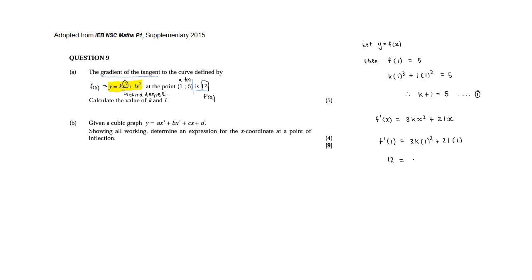So 12 is equal to 3k times 1 plus 2l. And now you've set up a second equation for yourself. So now you're done with analyzing and extracting the information out of the question.